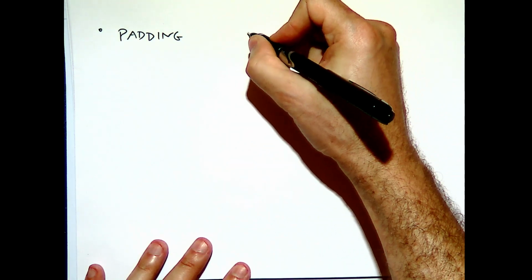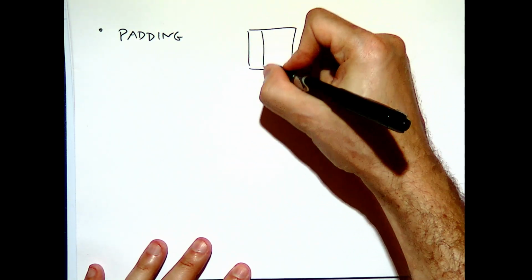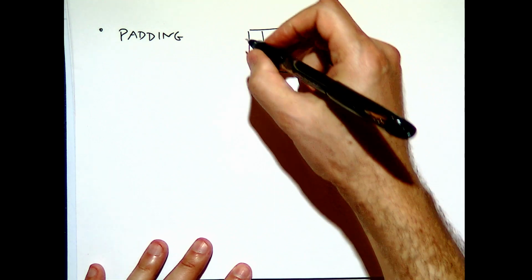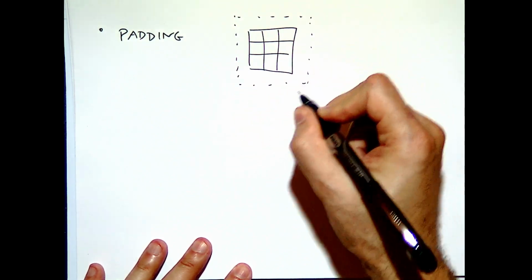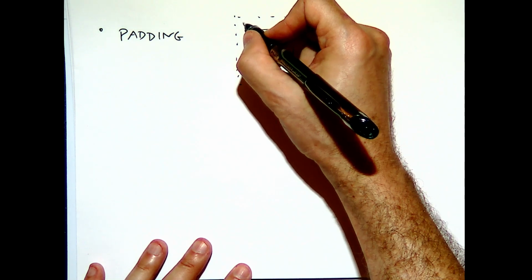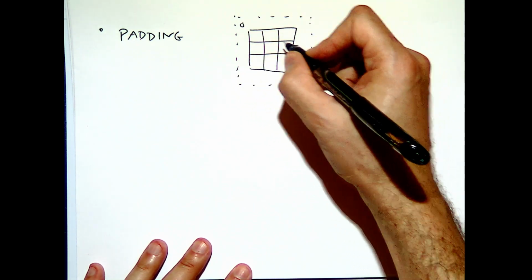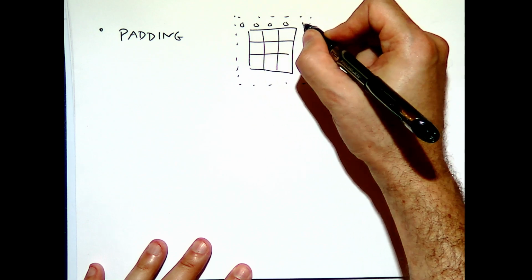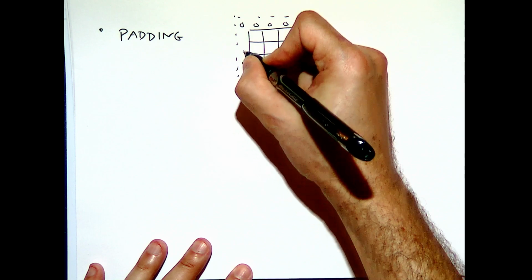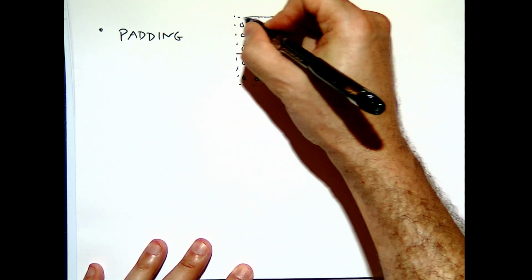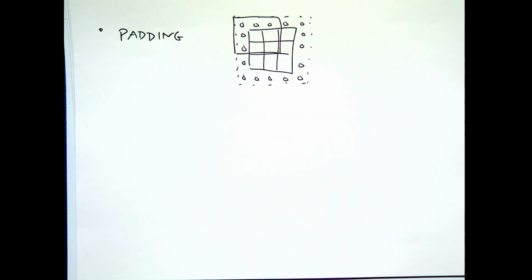I could apply the filter to more than this area if I were to hallucinate a bunch of values outside of what I actually have, and I might just assume that all this stuff is 0 outside the box. In that case, I could legally apply the filter to any location I wanted, and that way I would have the same size input as the output, OK?